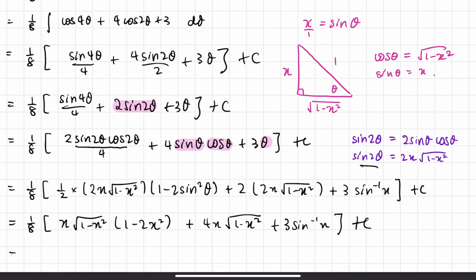And that is, if you expand this first one out with this 1, that should be able to simplify with this. Okay, so we have 1 on 8. That will become 5x minus 2x³, times √(1 - x²).